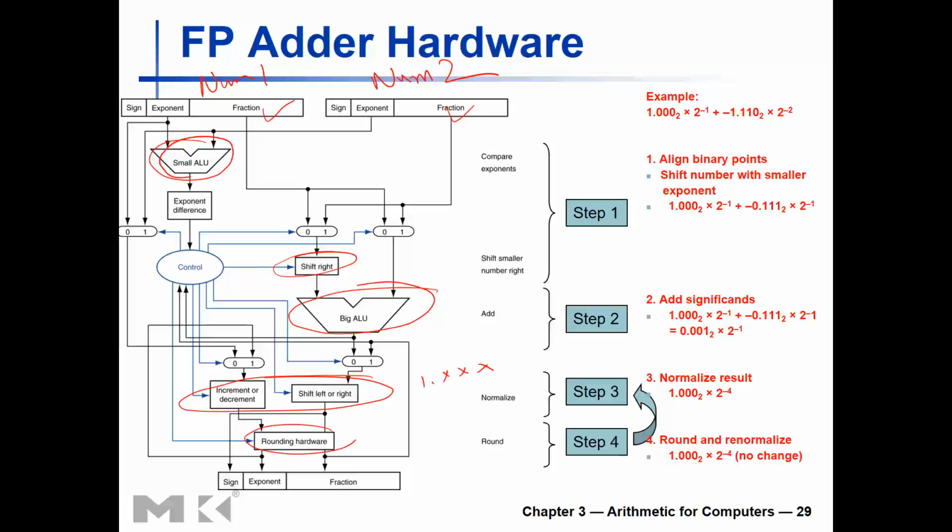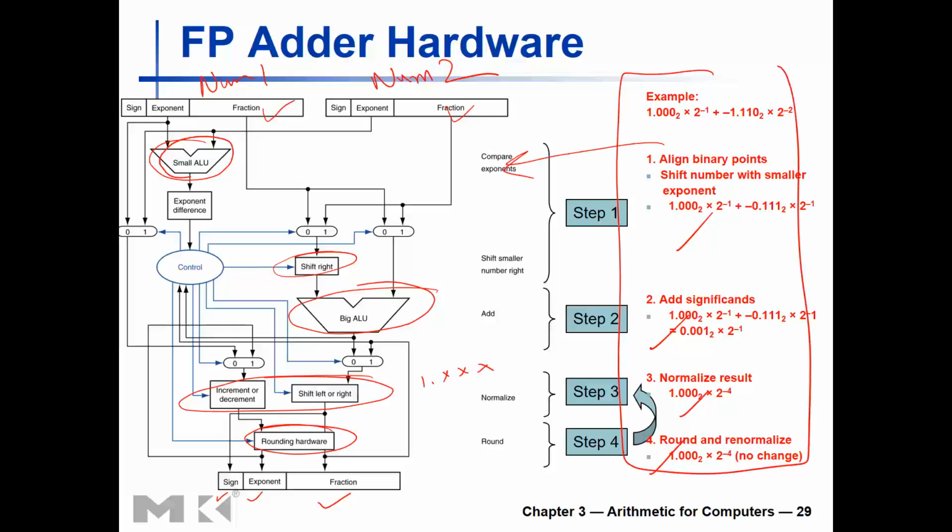And then we do the rounding hardware, and finally we express the answer in the IEEE format: sign, exponent, and fraction. And you can see the associated steps in terms of the previous example with the hardware here, so you can follow what's being done in the hardware.